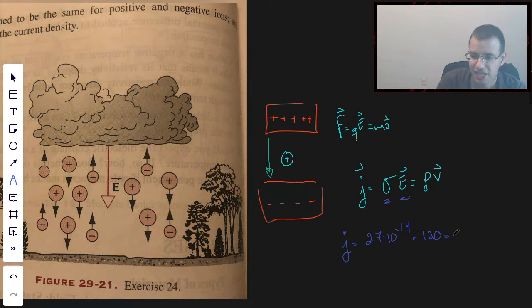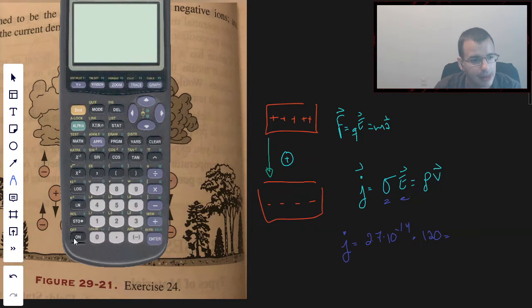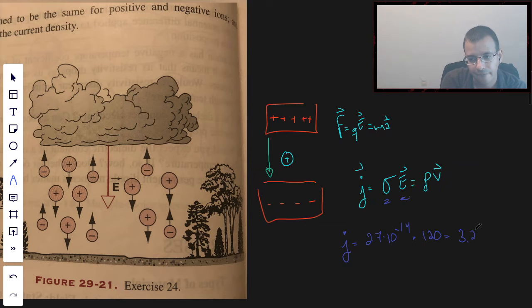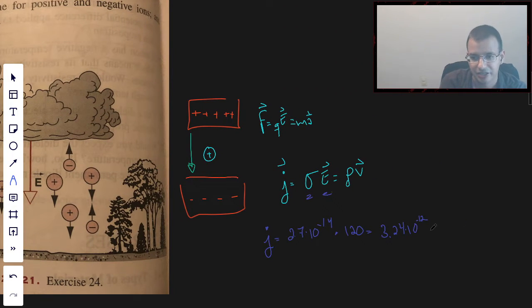And that's going to give us a small number. 2.7 times 10 to the negative 14 times 120 gives us 3.24 times 10 to the negative 12, which is slow and specifically not faster than the speed of light. So therefore, may be possible.